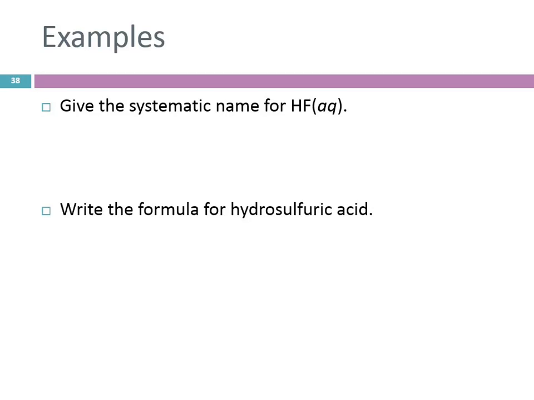So we're going to use the prefix hydro, and then we find the name of the other element, fluorine, fluor, and then we change the ene to ic, hydrofluoric, leave a space, acid. So these are usually going to have two names as well, a first name and a last name. Hydrofluoric acid.